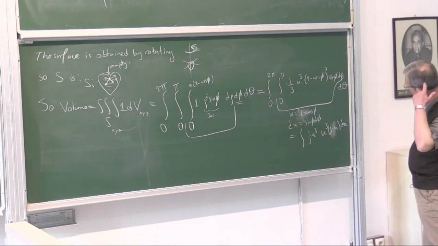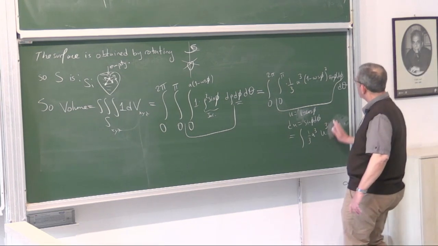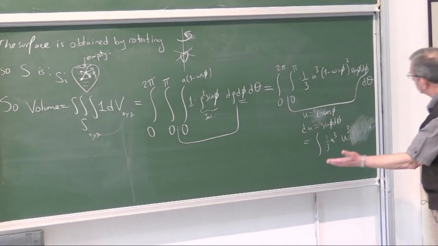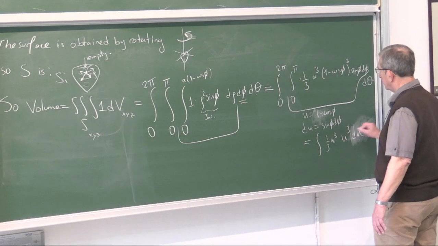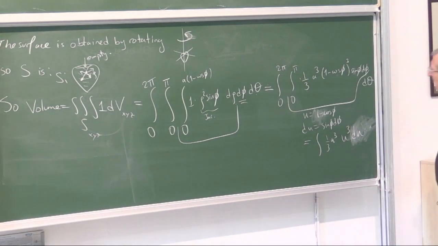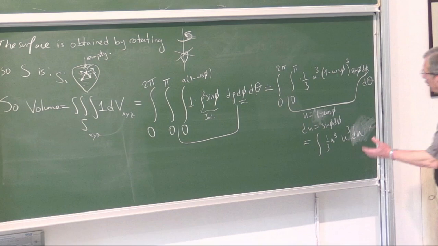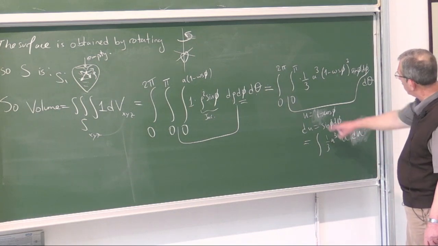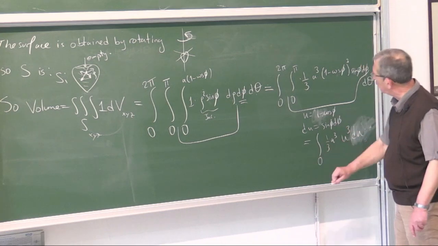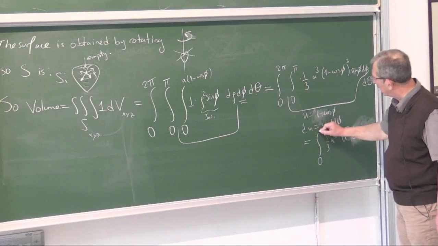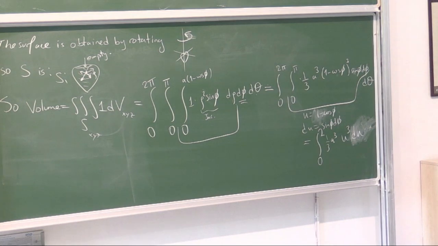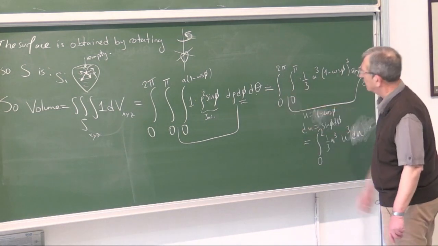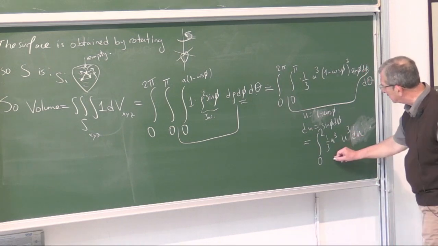Something is wrong. How do we make it directly? Well, the derivative is this, so that's okay. It's just du. Right? u cubed and du directly. And u changes: at 0 it starts from 0, at pi it becomes 2. And of course, you have the theta part, but this is calculable.